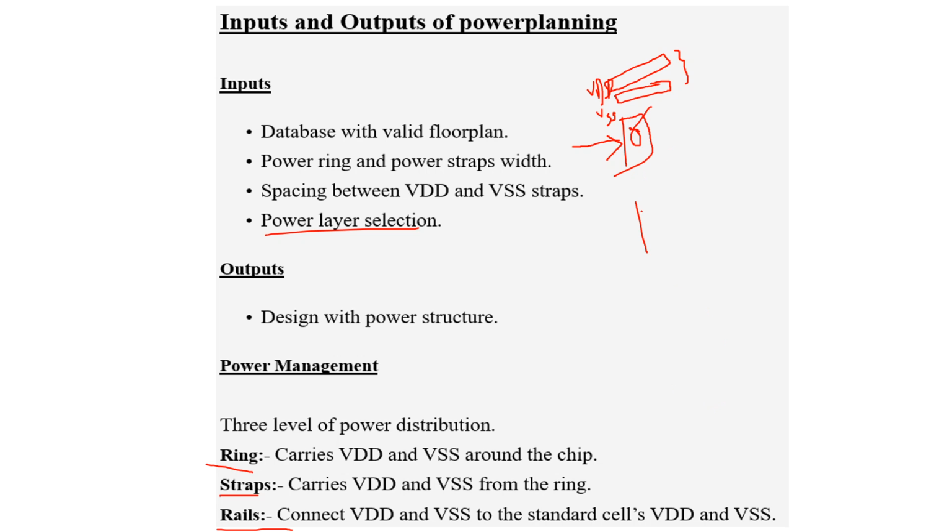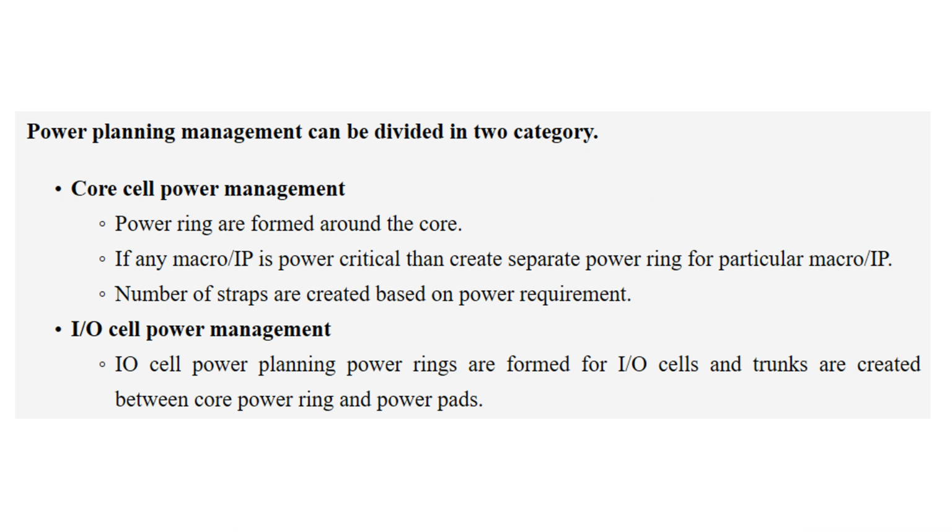If this is the chip area, a ring means it is connected around the chip. Straps carry VDD and VSS from this ring; from this ring, we need to carry the straps. And the rails connect VDD and VSS to the VDD and VSS of the standard cells. That is what rails refer to.